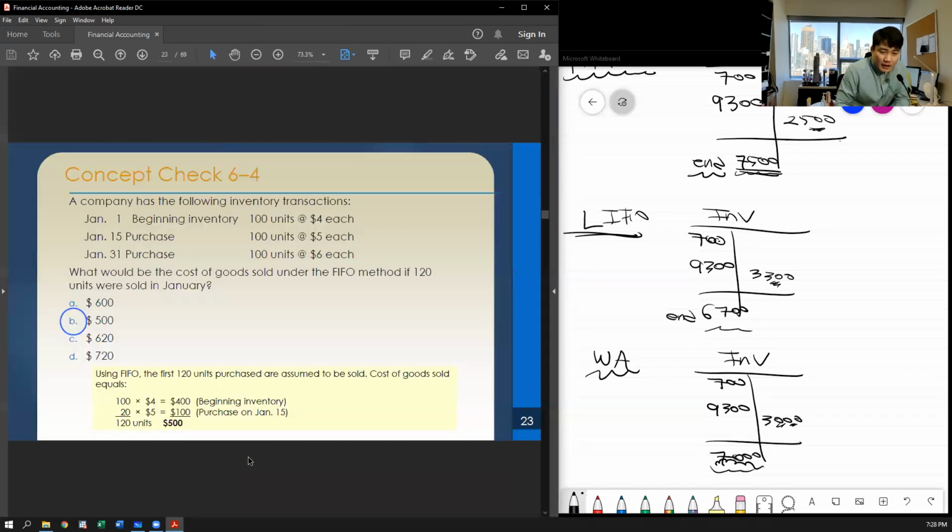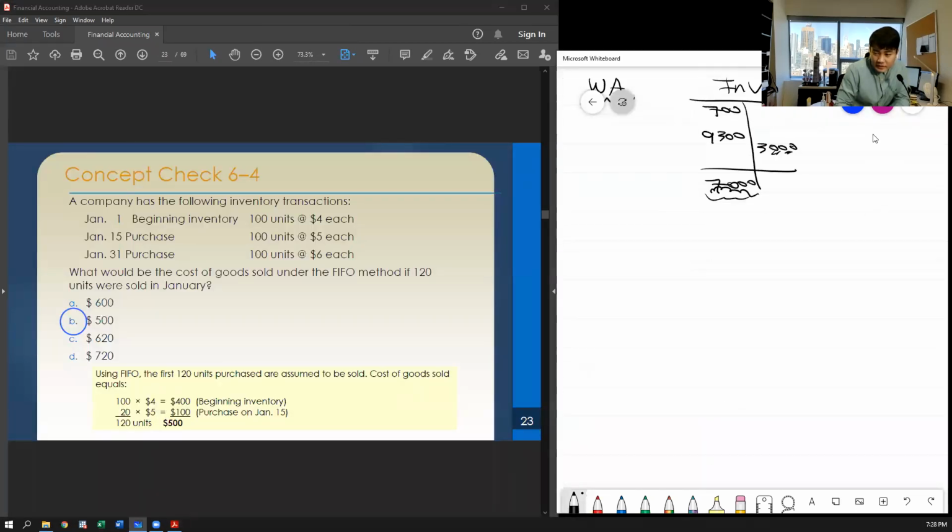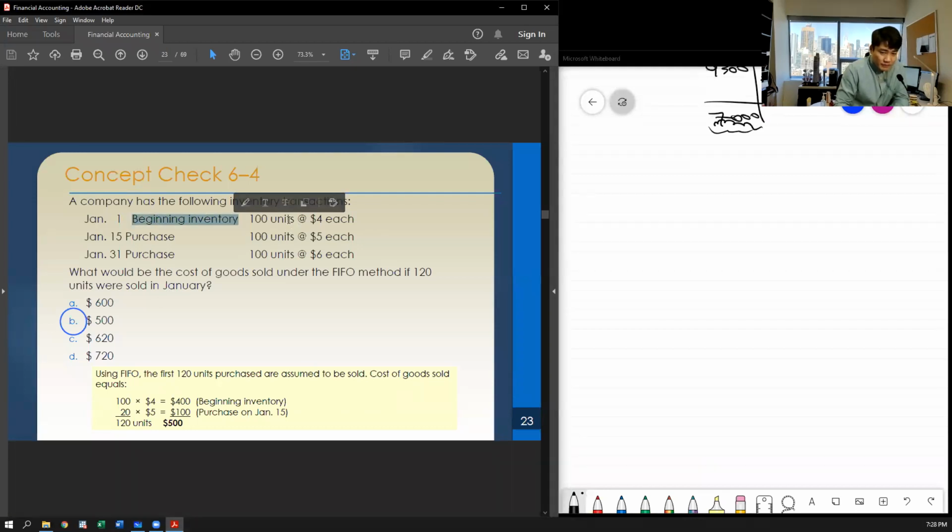Okay. Now, there's a sample question here. A company has the following inventory transactions. The company reports the beginning inventory, and you have purchases for this unit. What would be the cost of goods sold under the FIFO method if 120 units were sold in January?